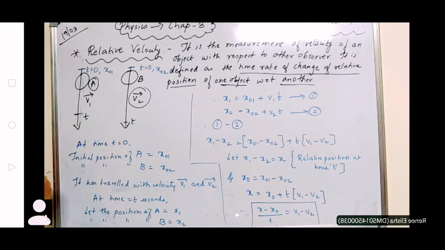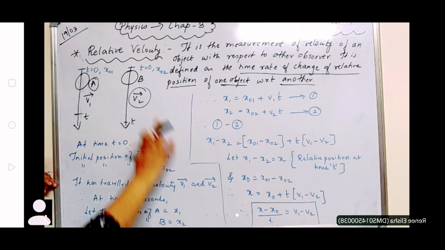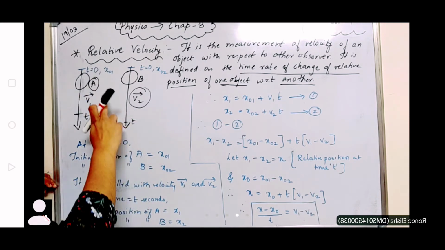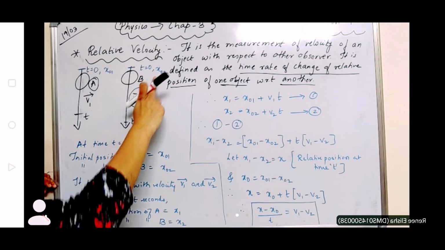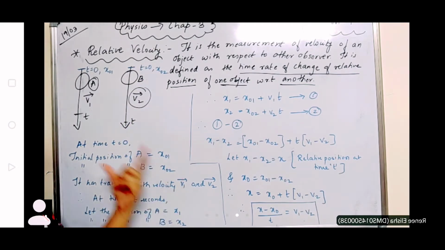Now at time t is equal to 0, let the initial position of A be x01, and similarly the initial position of B will be x02. Now they have travelled with velocities v1 and v2.